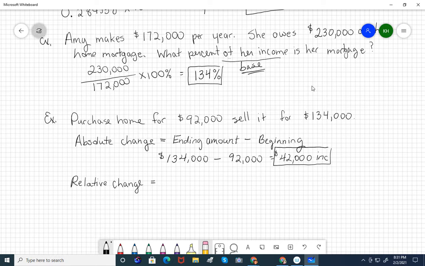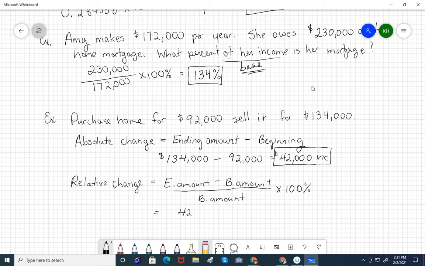Relative change is this absolute change. It's the ending amount minus the beginning amount divided by the beginning amount. And then we want to make it a percent times 100%. So in this case, we already calculated this ending amount minus beginning amount. That's the absolute change.